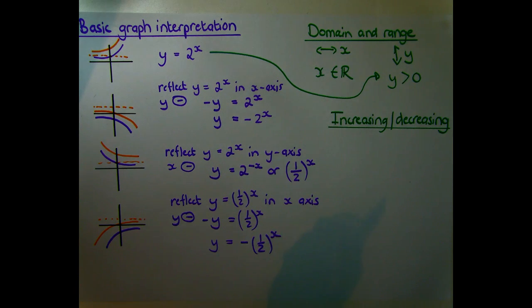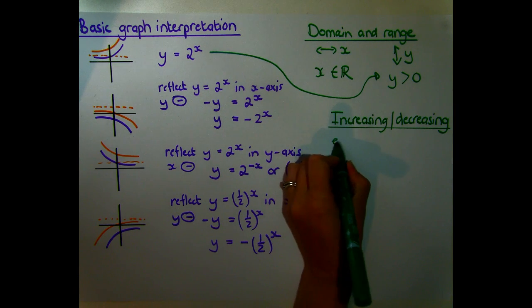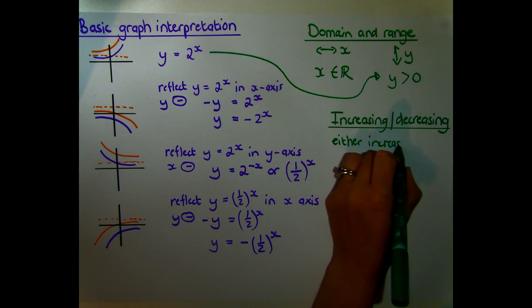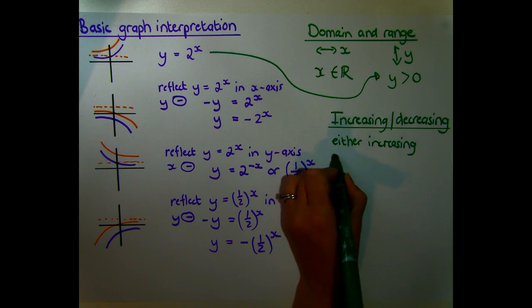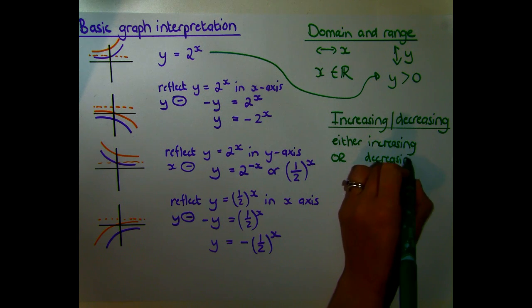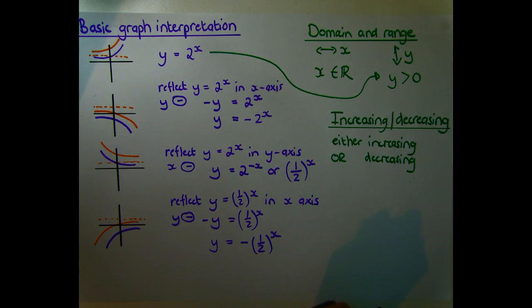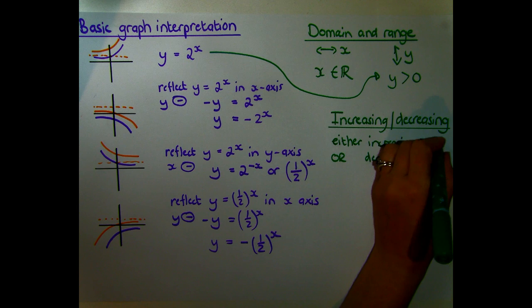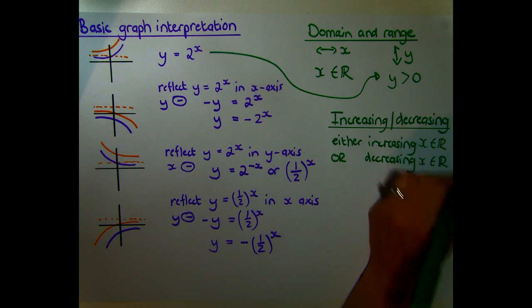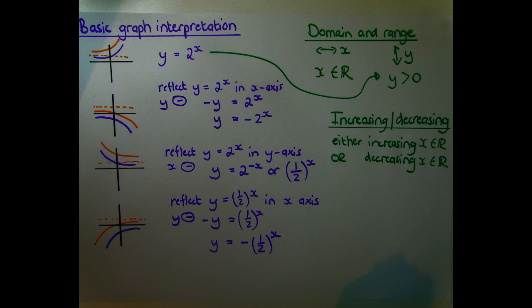So with exponential functions, they are either decreasing or increasing. They either increase all the way or they decrease all the way. So you will say they are increasing for all values of x, or you can say they're decreasing for all values of x. And you've just got to make sure that you get the right distinction by using the ruler test.